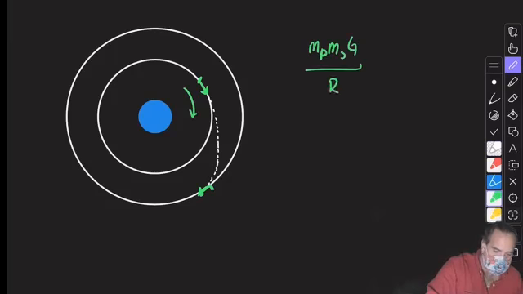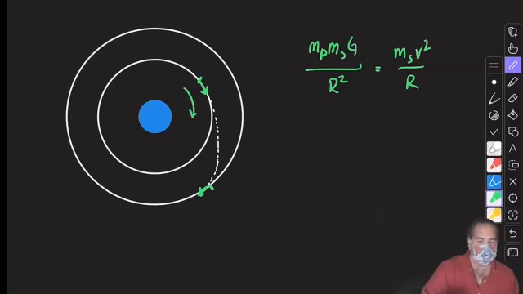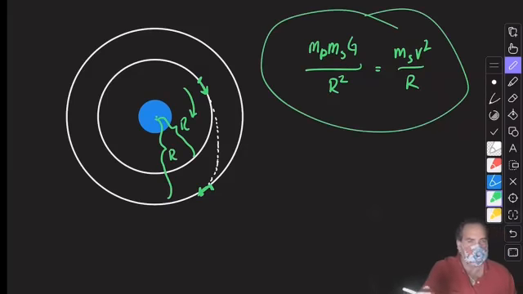the fact that we're dealing with the force of gravity and the centripetal velocity. If we want to get a relationship between how far out you are in your orbit, so comparing this R with this R, then we want to observe how the velocity and the radius are related.